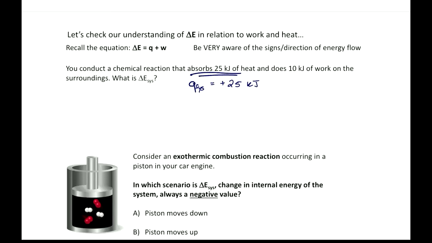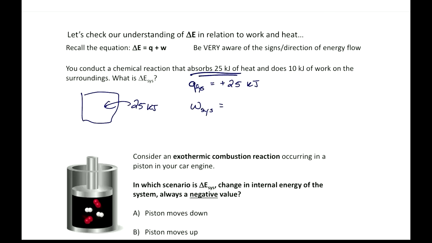Okay. So if we think about, here's my system, that means I'm putting 25 kilojoules of heat into it. But also we have this work component. So it says that 10 kilojoules of work is done on the surroundings. So is work a positive sign? Work of the system, is it a positive sign or a negative sign?